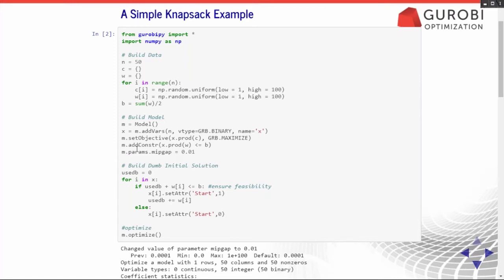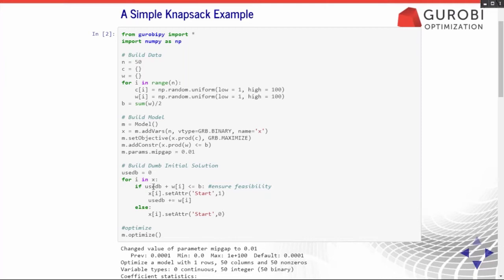Now, with the problem already built, we're going to build a very dumb and simple initial solution, just to show you how to do that. I'm going to keep track of how much capacity I've used so far, and I'm going to loop over all the variables that I defined.